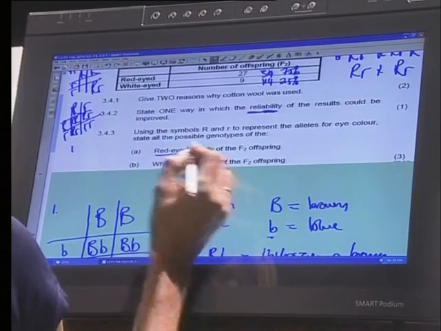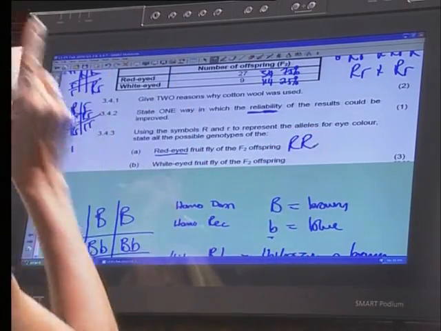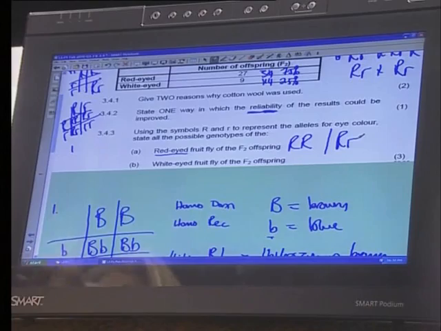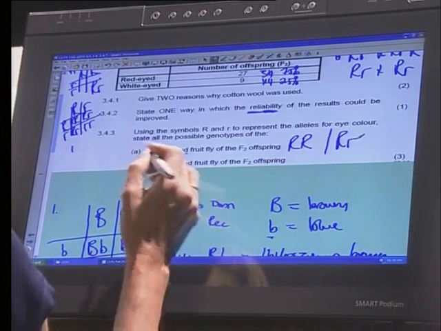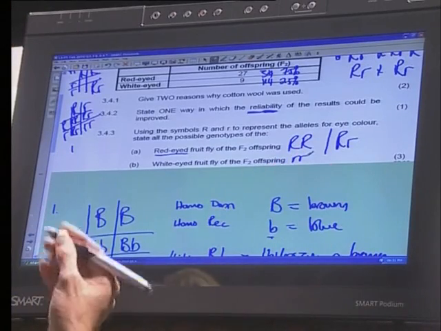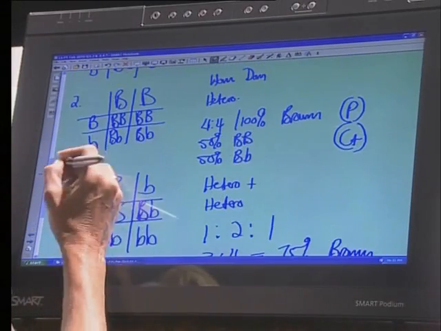If they're going to have red eyes, they can either be capital R, capital R, in other words, homozygous for red eye, or they can be capital R, small r, in other words, heterozygous for red eye. And the white-eyed ones can only ever be homozygous recessive, they must be little r, little r. Makes sense? Yes, ma'am. Are you happy? I am very happy. Okay, good.